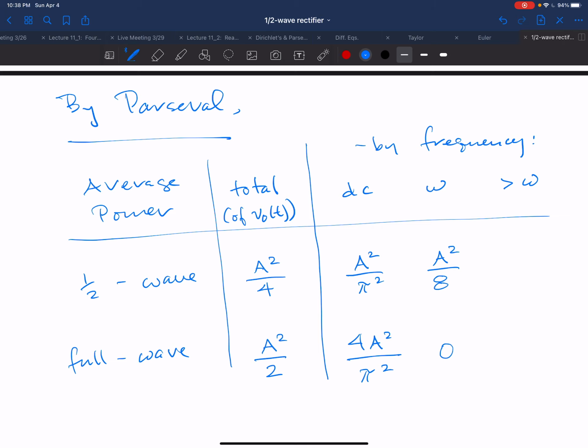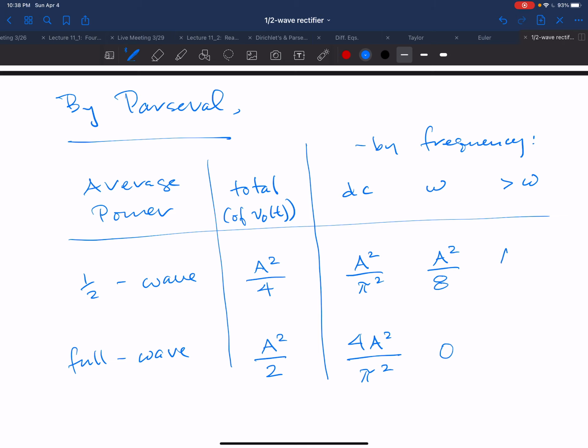And then in all of the other components, we know that what we will get is simply the total power in V out of t minus the power in these first 2 components. So if we take a squared over 4 and subtract these 2 components, well, first of all, subtracting a squared over 8 will change this a squared over 4 into an a squared over 8, and then we'll also have to subtract off this a squared over pi squared.